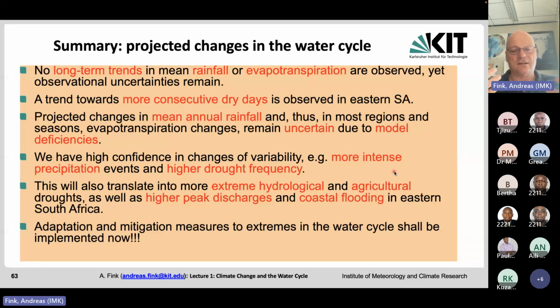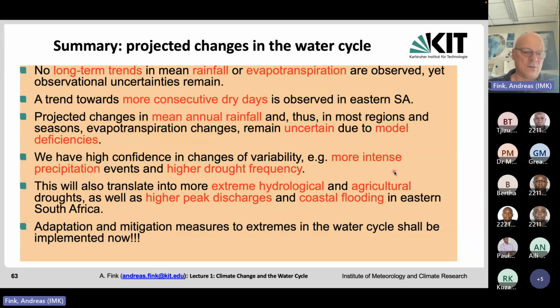And this will definitely translate into more extreme hydrological and agricultural droughts, as well as higher peak discharges and coastal flooding in eastern South Africa. So you are the first cohort of the SGSP on integrated water resource management, and you are the generation that needs to work on adaptation and mitigation measures to these anticipated extremes in the water cycle.